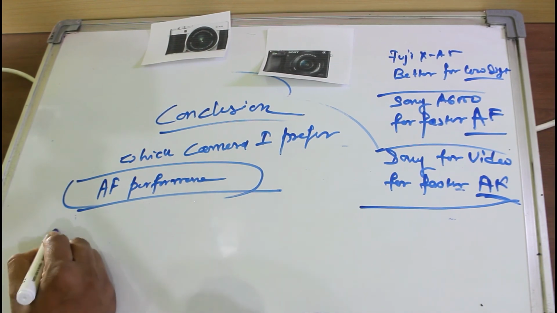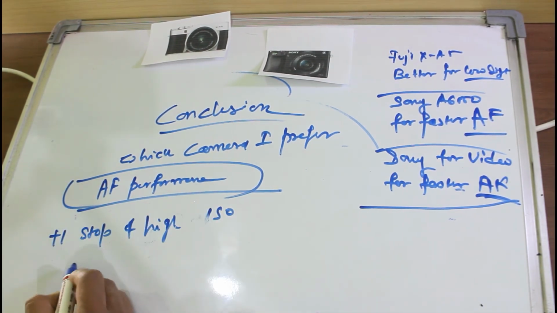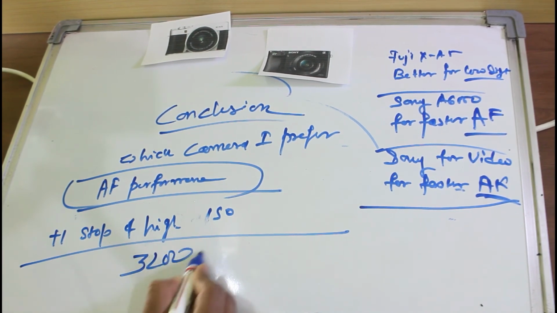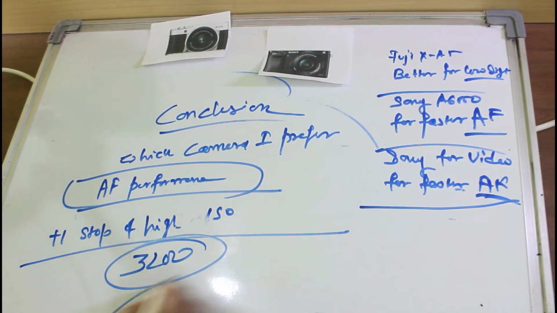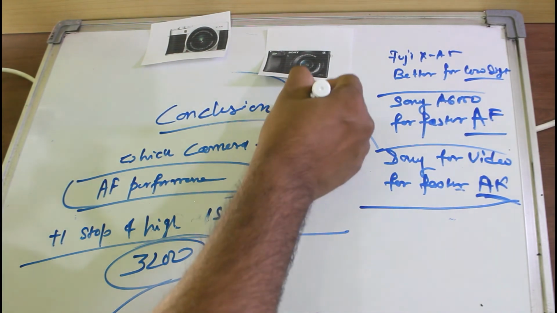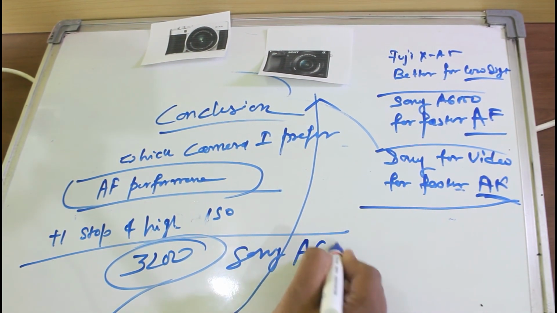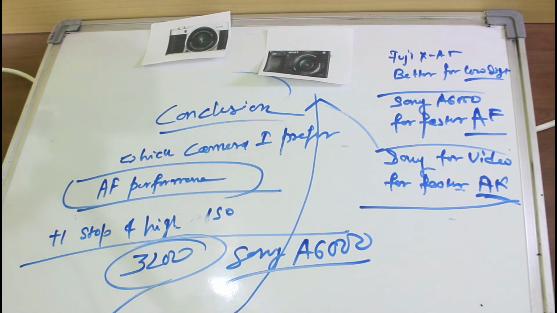After that, the images are unusable to me. So the maximum ISO range I recommend for an entry level camera user is 3200. In my view, the high ISO ranges are completely unusable, with a lot of noise. So if you're going to talk about the best camera, again I am recommending the A6000.